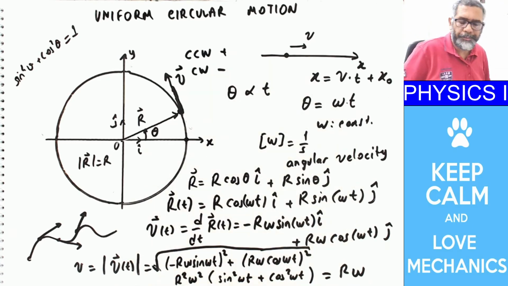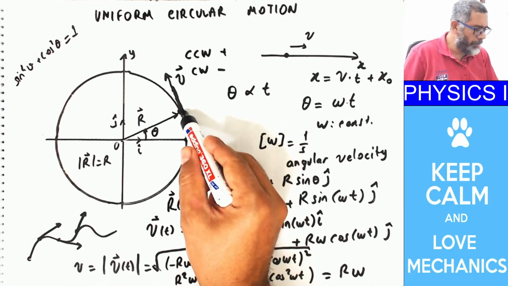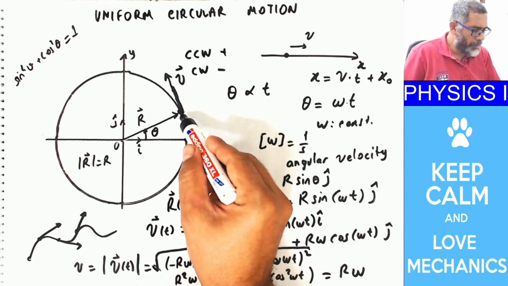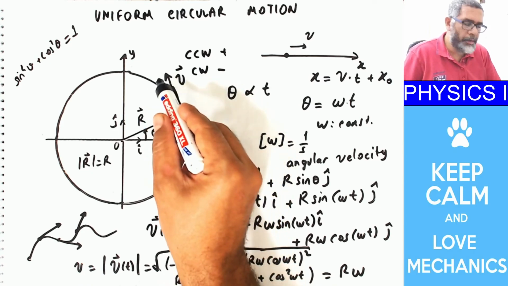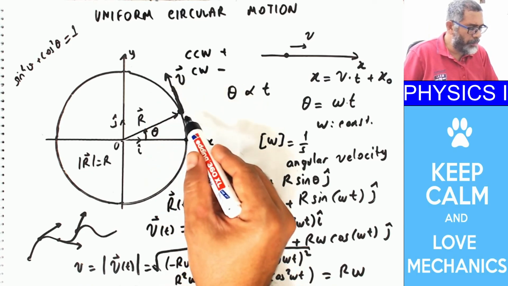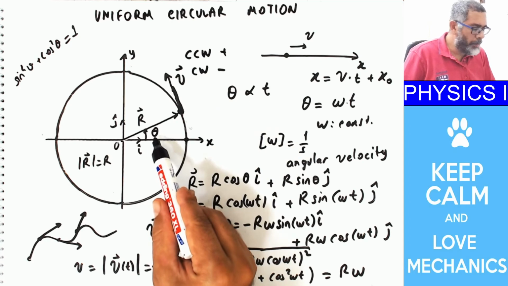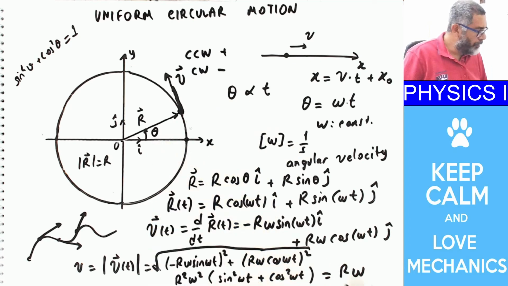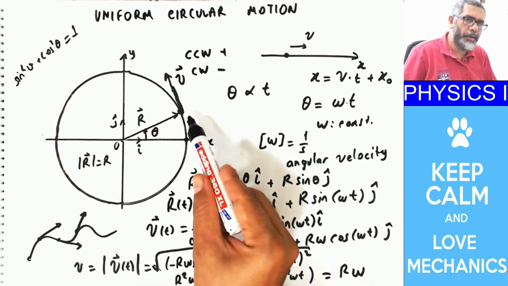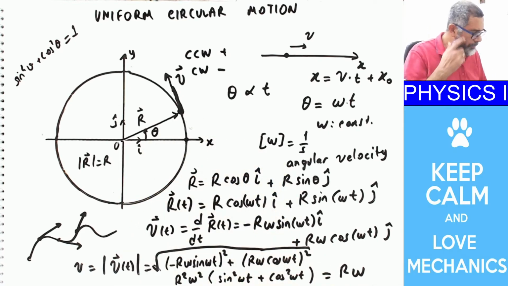Okay, so that's good. And you also see there's a relation between the linear speed of the object, or the path speed, or the trajectory speed of the object, and the angular speed through a constant, where the constant is the radius of this circular motion.